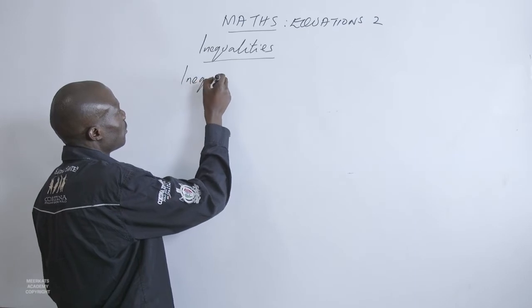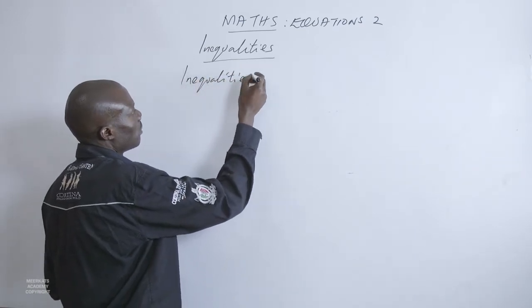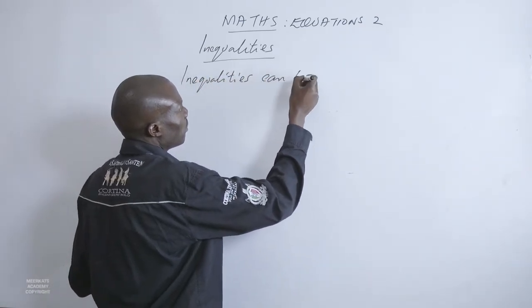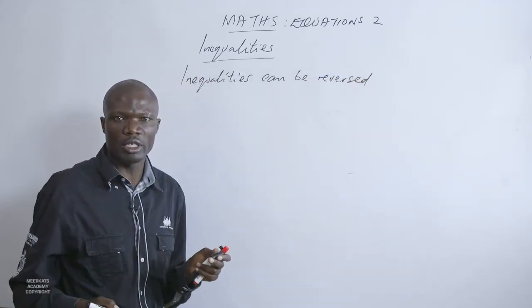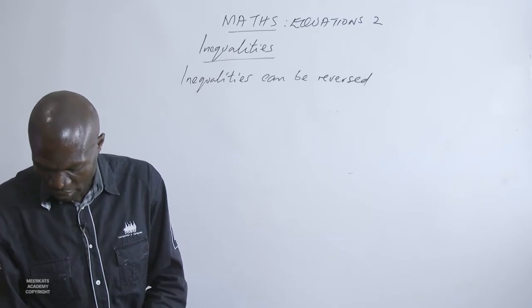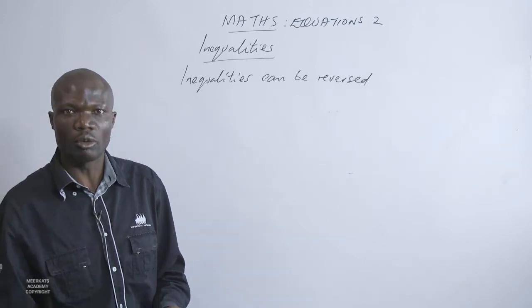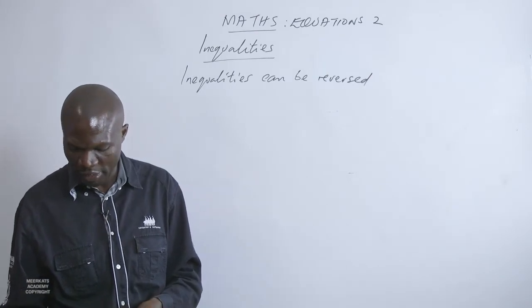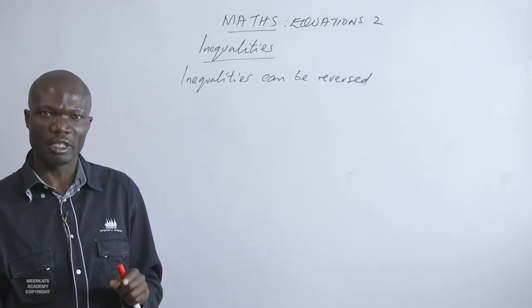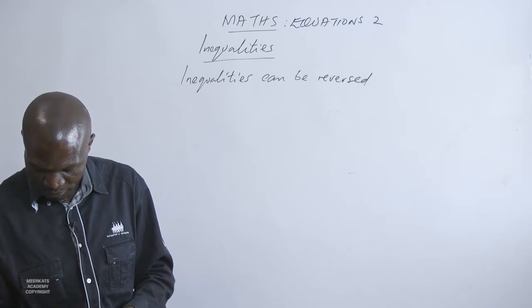We also have what we call equivalent inequalities. Inequalities can be reversed. What are we trying to say here when we say inequalities can be reversed?